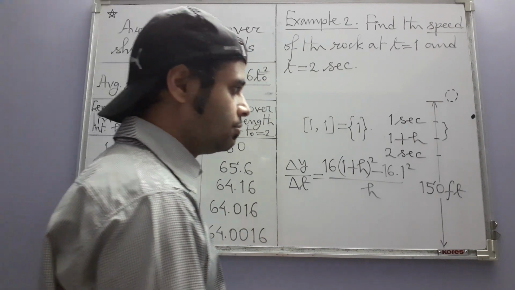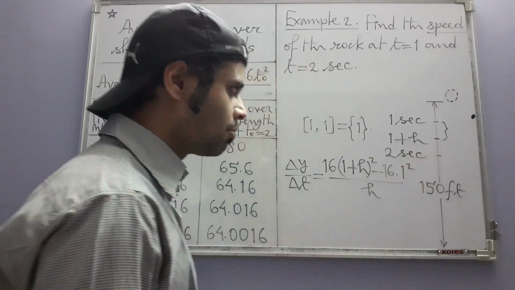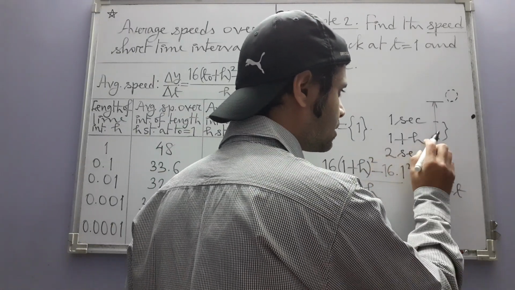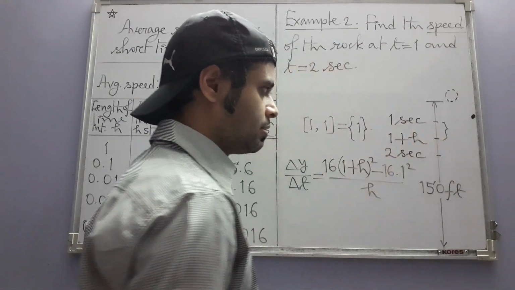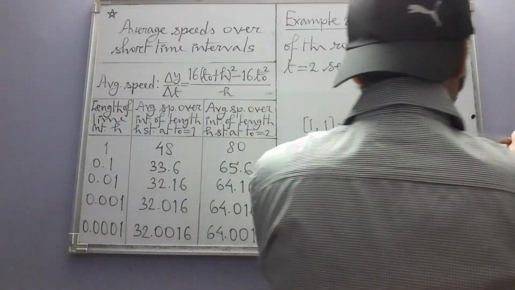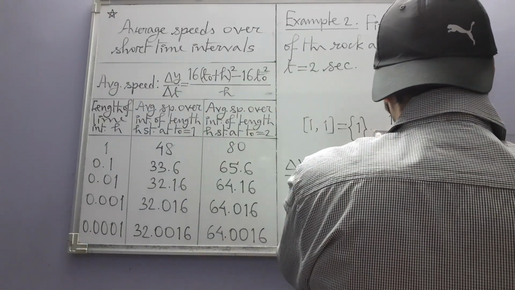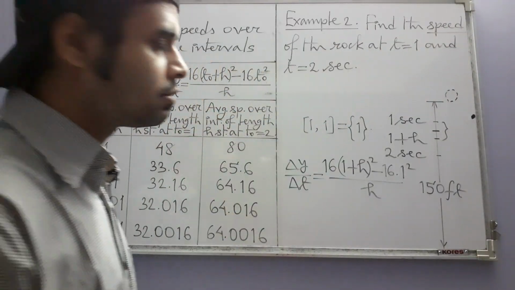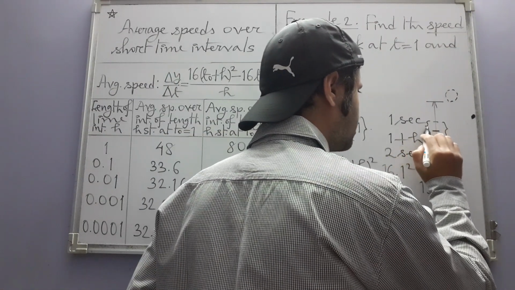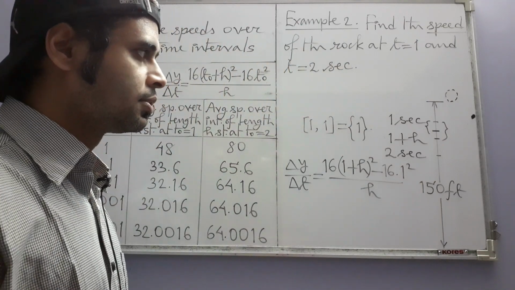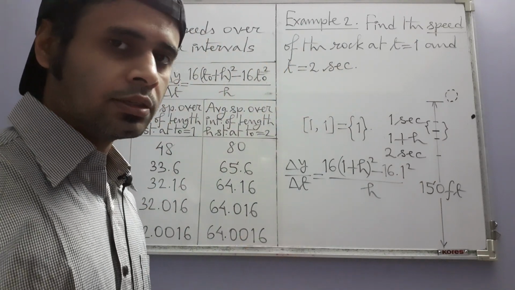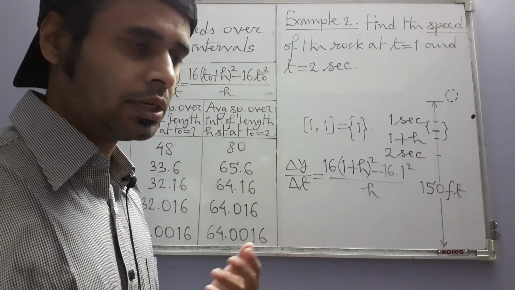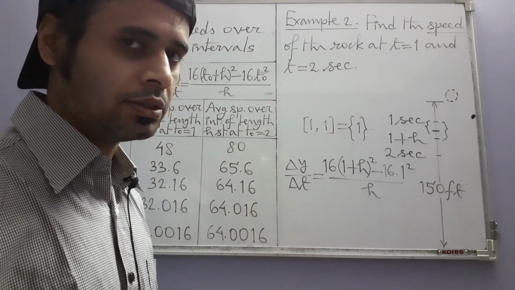What we then do, we make h smaller, and hence we take the point 1 plus h closer to this 1 second mark. That is, we choose an even shorter interval, and in that interval also we calculate the average speeds, and we continue doing this. This way we calculate several average speeds. We get a sequence of average speeds.